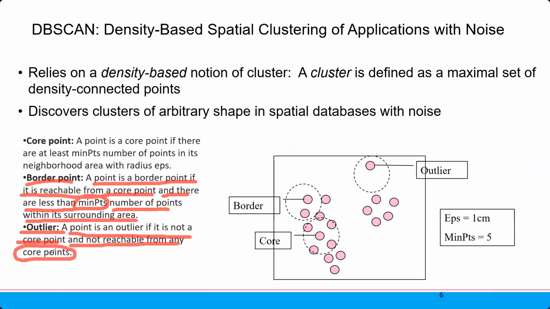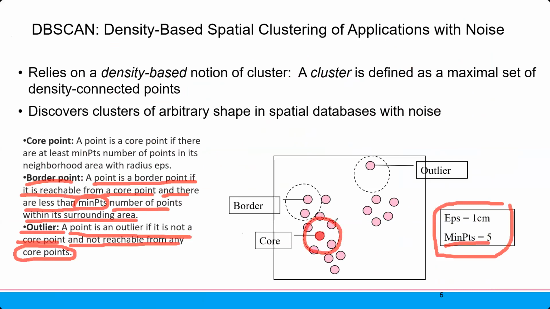Okay. Now let's see this example. Let's suppose I have EPS 1 centimeter and the minimum points is 5. We call this point a core point. Why? This circle indicates the radius.